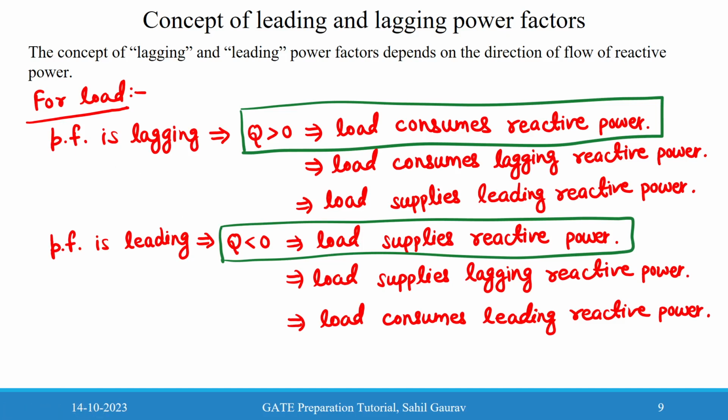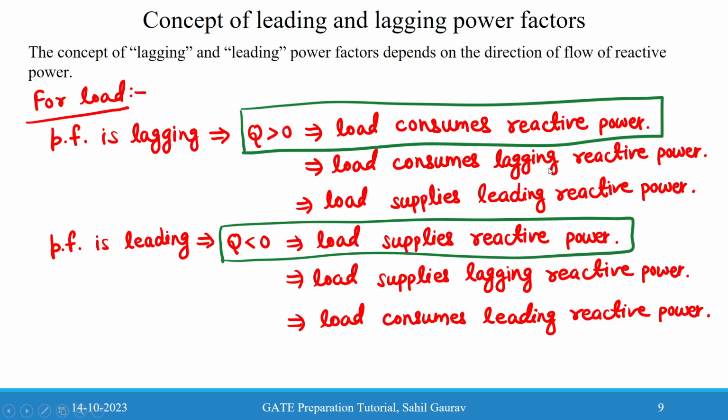Sir, power factor is lagging means load power factor. Yeah, load power factor. I'm not telling here about the generator side, but in machines, if generator Q is positive, it delivers lagging reactive power, means it supplies lagging reactive power, but the power factor remains as it is, and these terms get changed in the consume part.